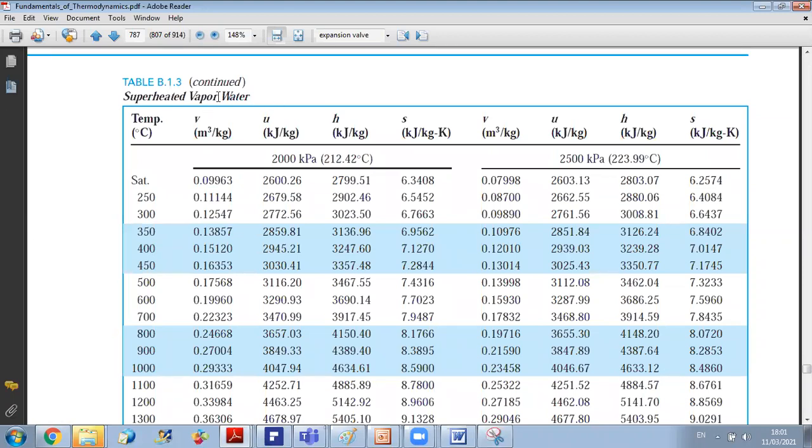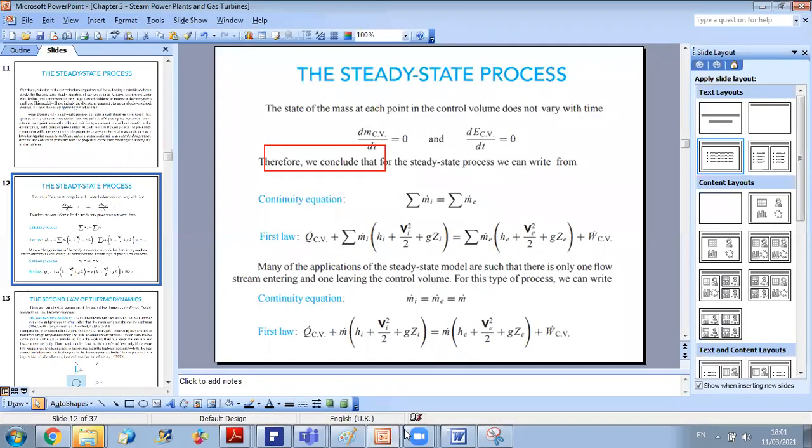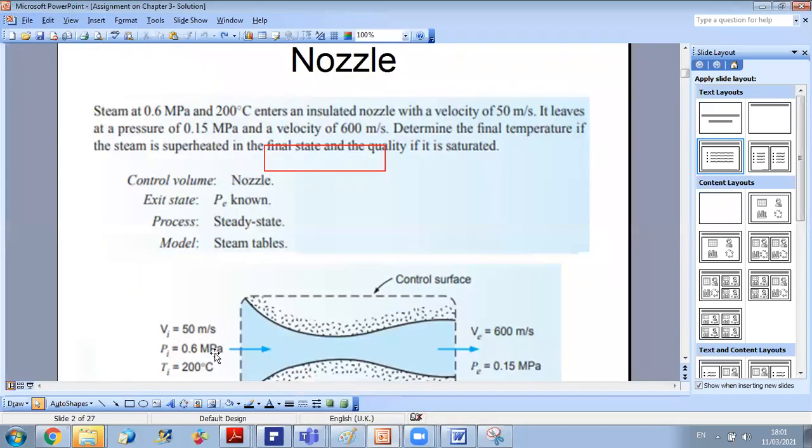Okay, now in superheated vapor water, they give you, for different pressures and variation of temperatures, what will be your properties. I have in my problem, let us go back to the pressure. The pressure is 0.6 megapascal.